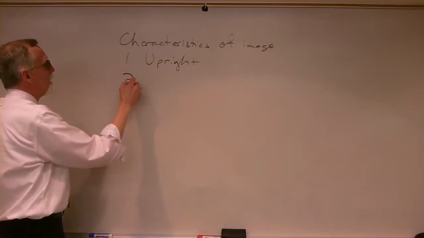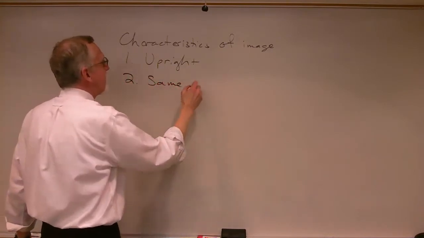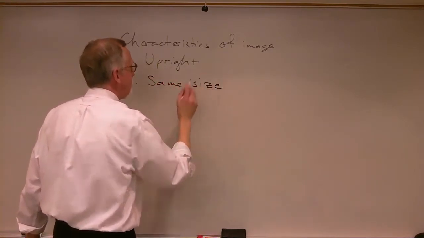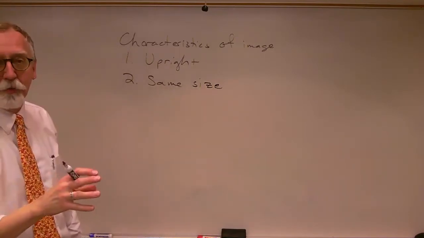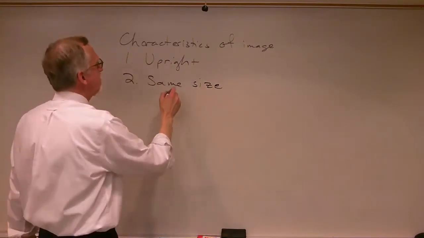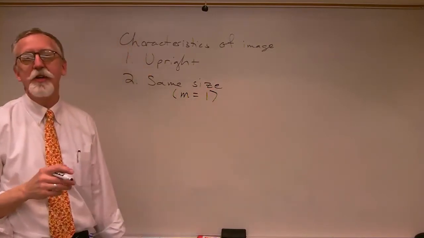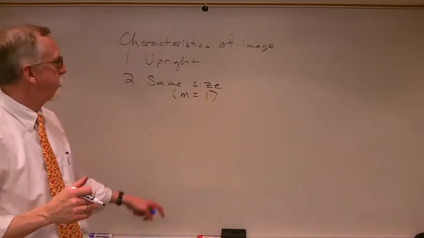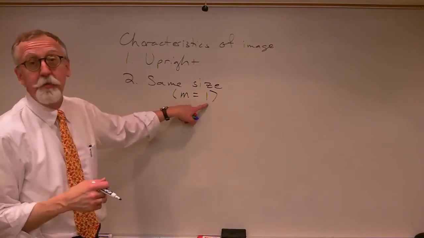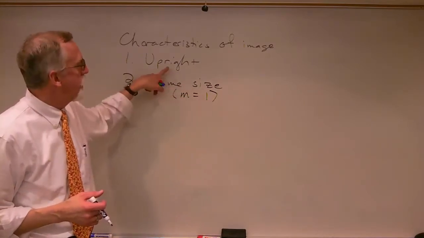The second is it's the same size. The image was the same size as the object. We'll make that a little quantitative and say that the magnification is equal to plus 1. The 1 means it's the same size, plus means it's upright.